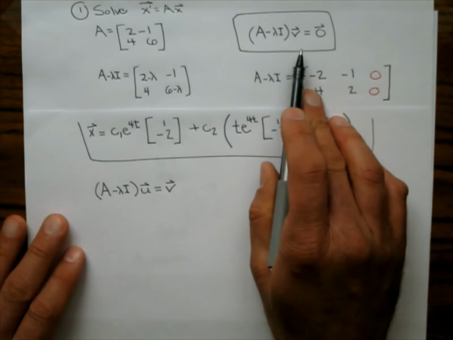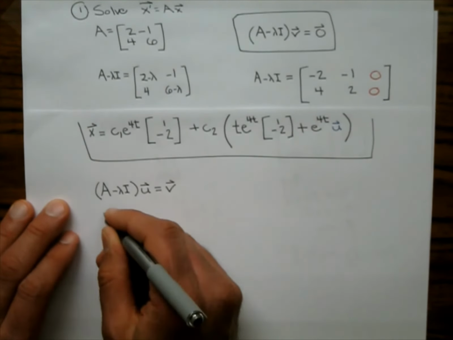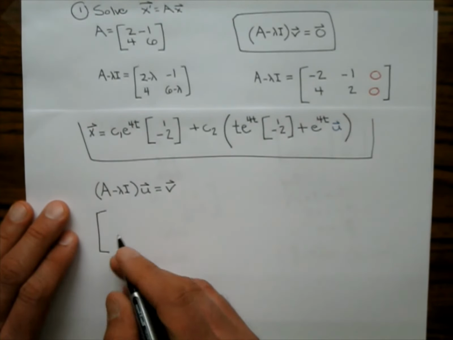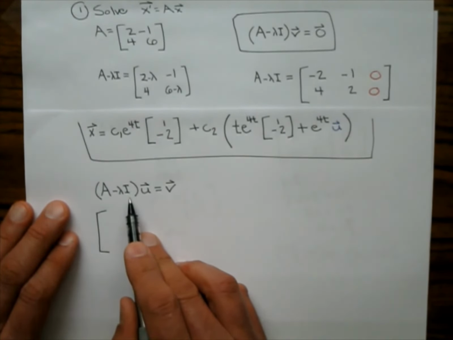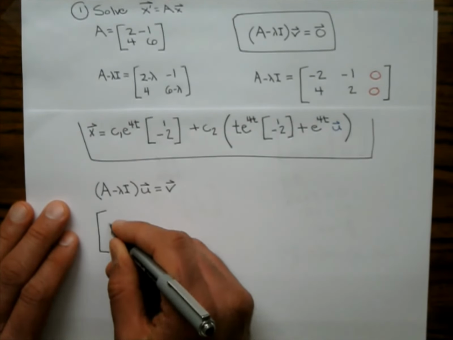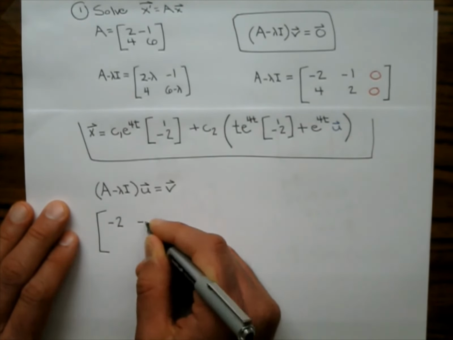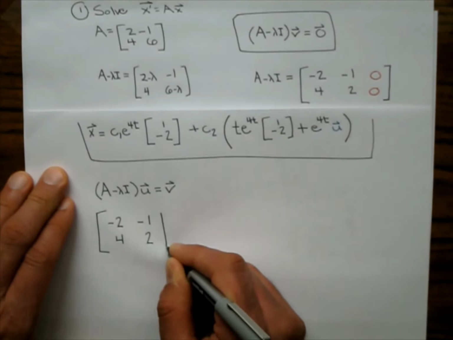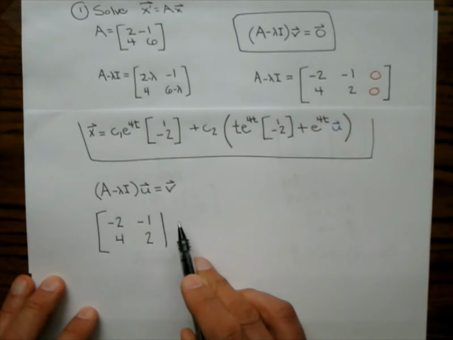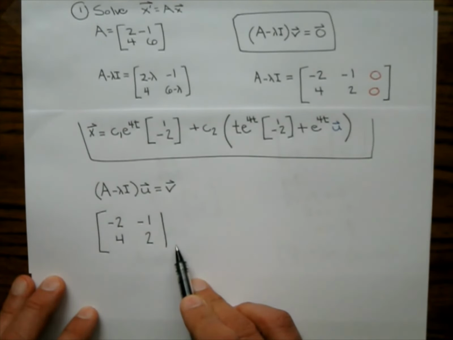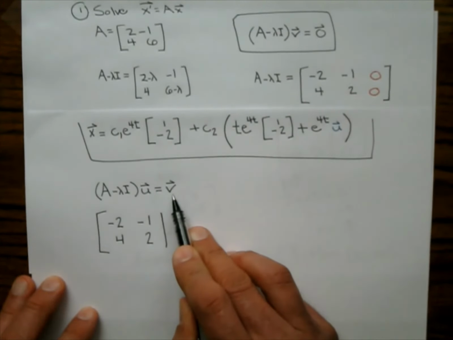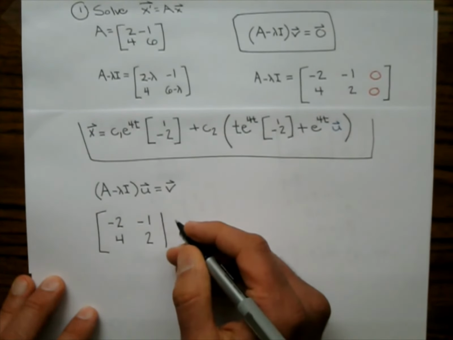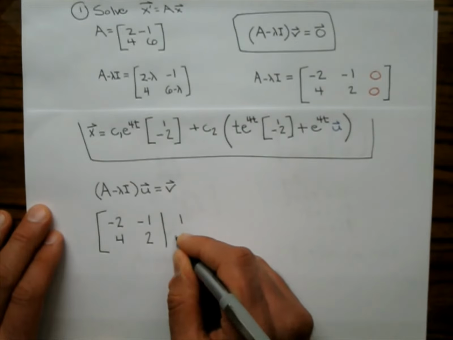But now, this matrix that we're going to write, we are going to put the A minus lambda I, which is -2, -1, 4, and 2. And now instead of putting 0, 0 there, because there was a 0 there, we're going to put our eigenvector that we used right here. So I'm going to go ahead and put a 1, -2 there.